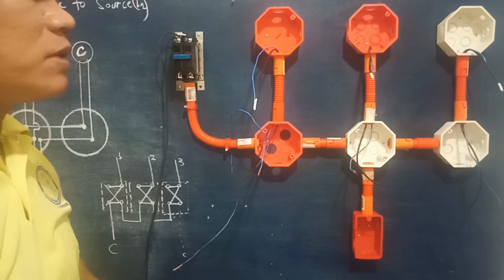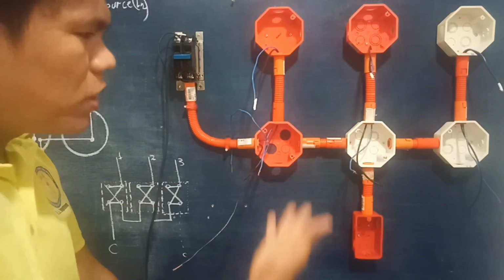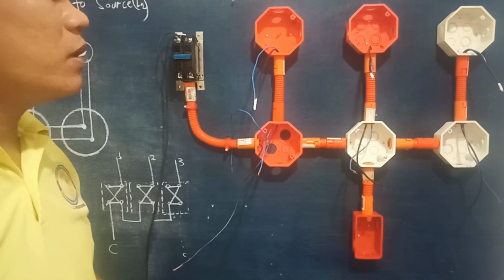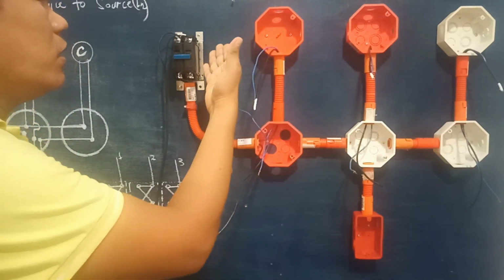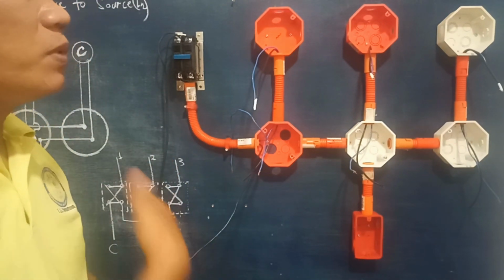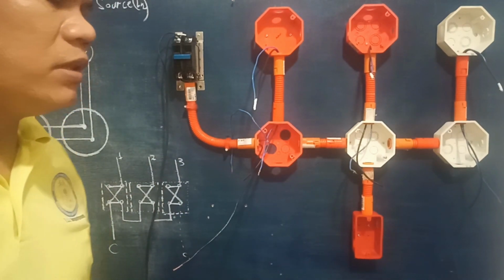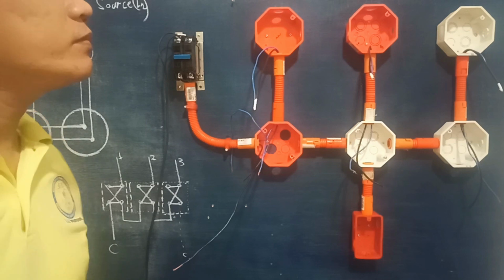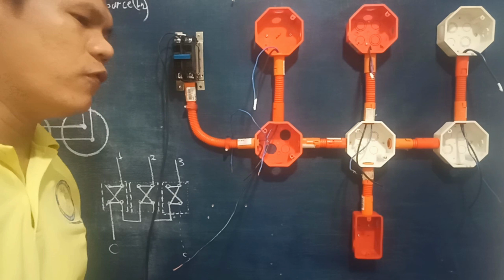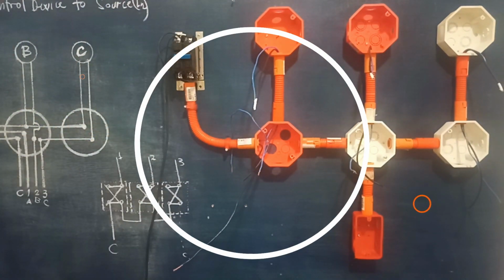But since somebody requested a demonstration in terms of color coding, for them to have an easy understanding of the connections of the neutral line and the live wire, we're going to show it first to them. But in real life, in the actual wiring connections, there is no color coding that needs to be followed. Okay, so we have it there for the load wires here.